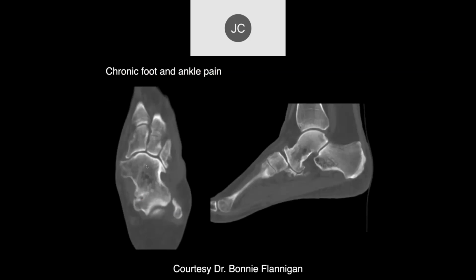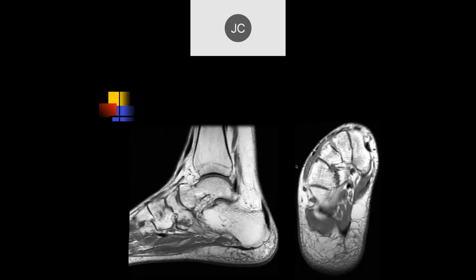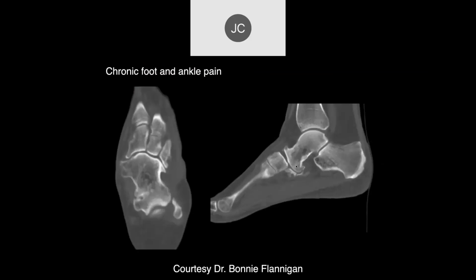And then here's a talar-navicular coalition, a bony coalition between the talus and the navicular in this patient. Why don't we stop here, and we'll finish coalitions and go on to some other lesions on Thursday. Okay? Great. Thank you.